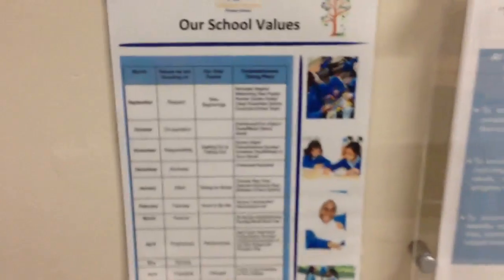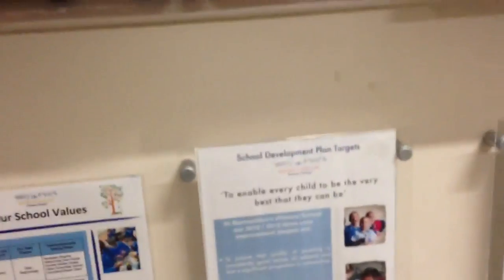A few more things to highlight. The presentation expectations are on display. These are also on the inside covers of children's books. And also, just something to share with you, the school values are displayed so that everyone knows what they are.